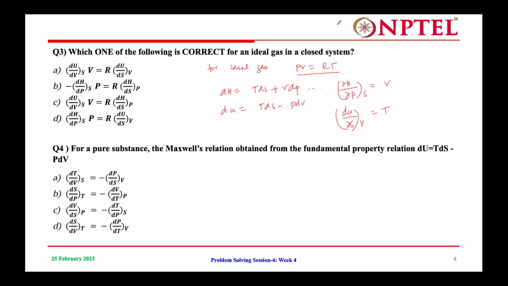So we have to put this value in these equations, means the V value here and the T value here. So dH by dP is equal to V, or dU by dS at constant V.